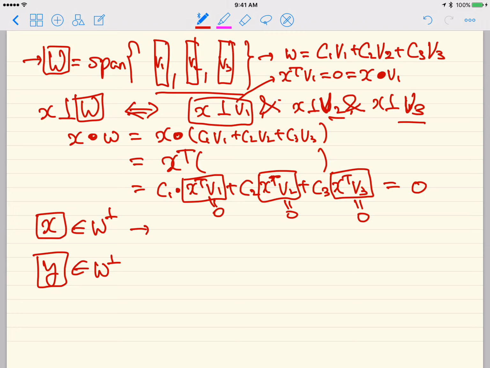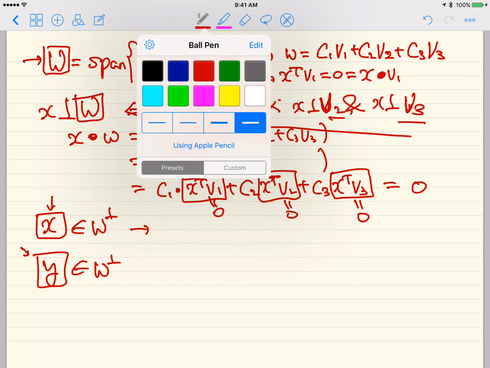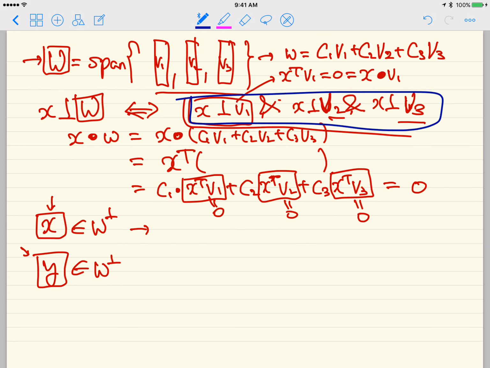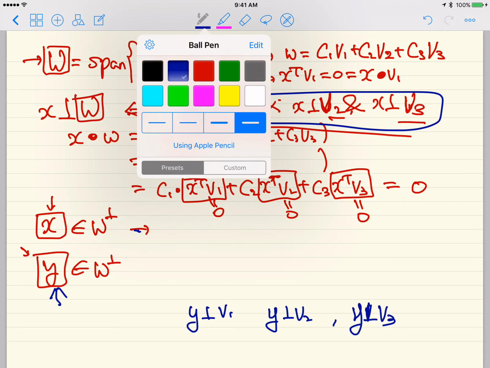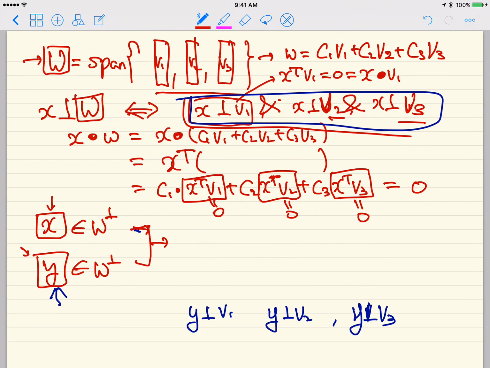By the definition, x should satisfy these conditions, and y should also satisfy these: y is perpendicular to v1, v2, and v3, right?